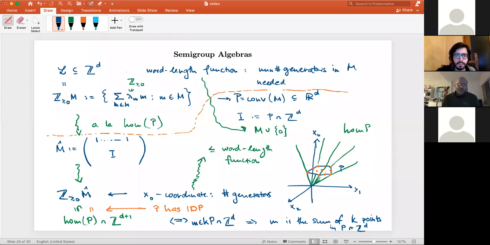They have classes of lattice polytopes that sit inside each other, defined by properties like this, and then you can always ask, okay, this is a strict inclusion, so you have to find, let's say, a polytope that has IDP but no unimodular triangulation. It's not so easy actually to find such a polytope, but they do exist.